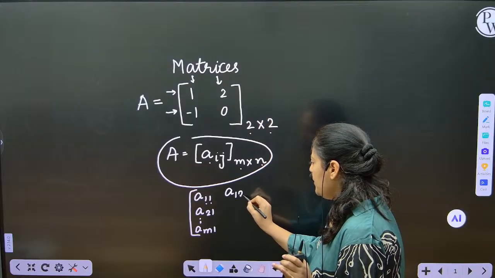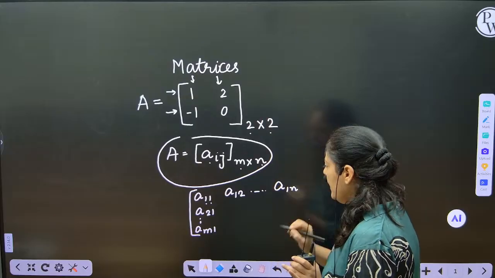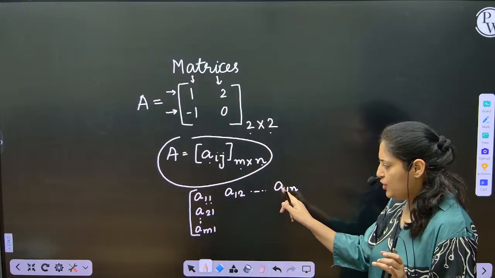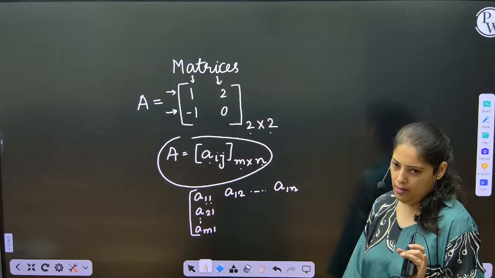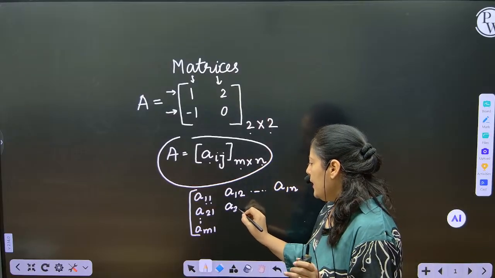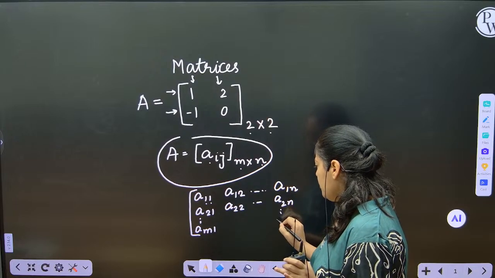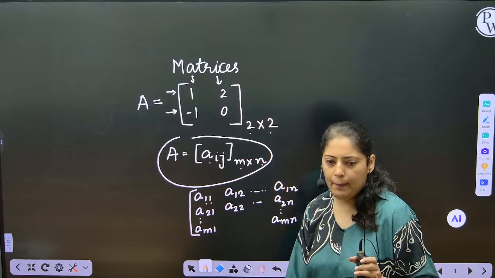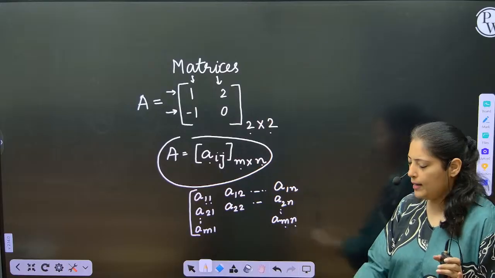Similarly A12, and so on, the last element of the first row will be A1N, because this is the first row and N is the last column. A22 up to A2N, and so on, the last element will be AMN, because this is the mth row, nth column.